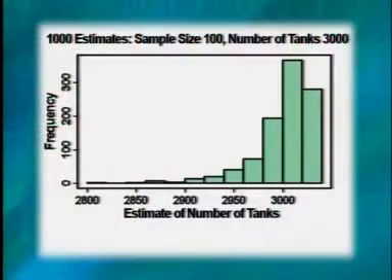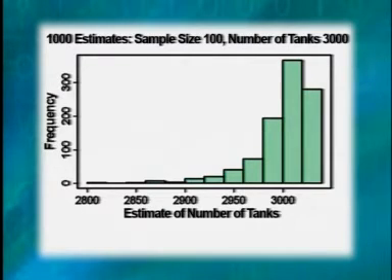And we've done some simulations here. So here was a case where we took 3,000 tanks as the actual number of tanks. And from those, we took samples of size 100, meaning that we imagined that we captured 100 tanks at random.